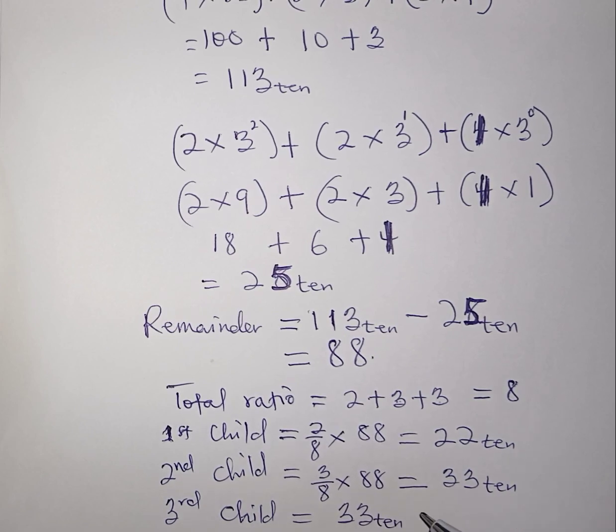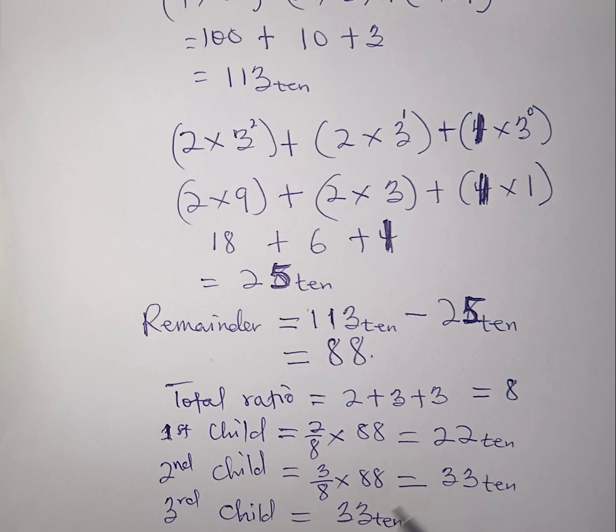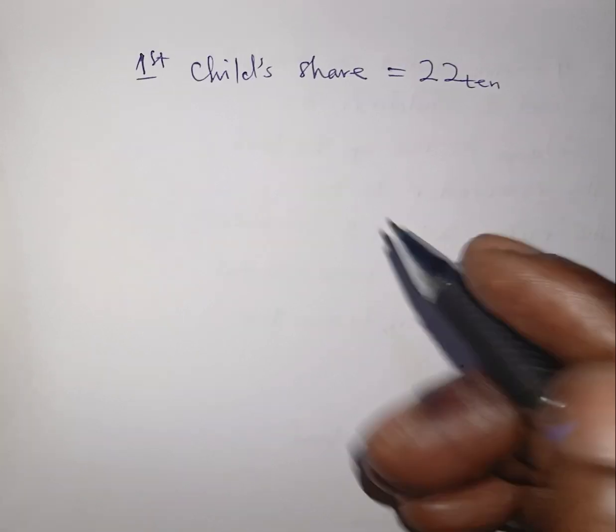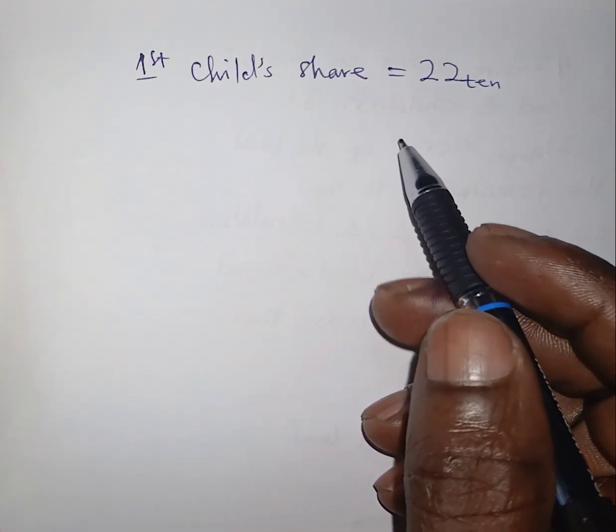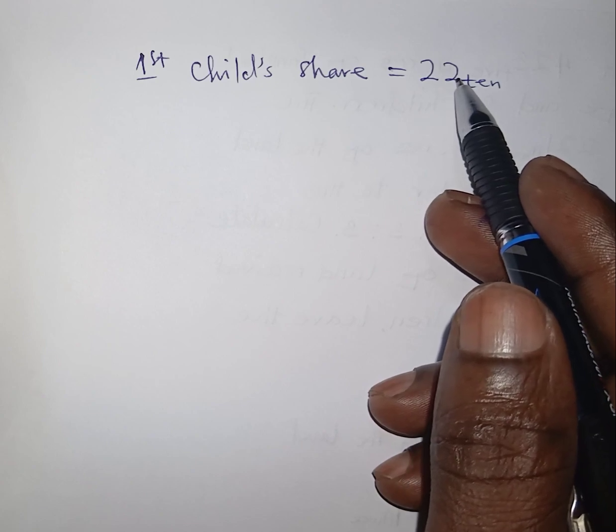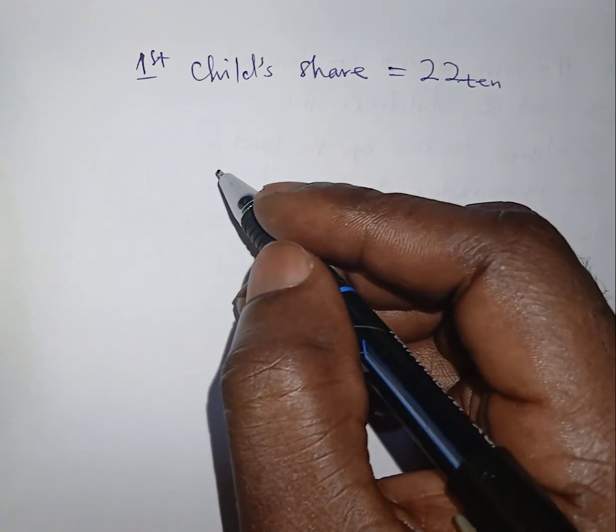Each of the children will get this, but note that their share is in base 10, but the question said we should leave our answer in base 5. So you know how to convert from base 10 to base 5. So we are going to do that quickly. For the first child's share, which is 22 base 10, we are changing to base 5.